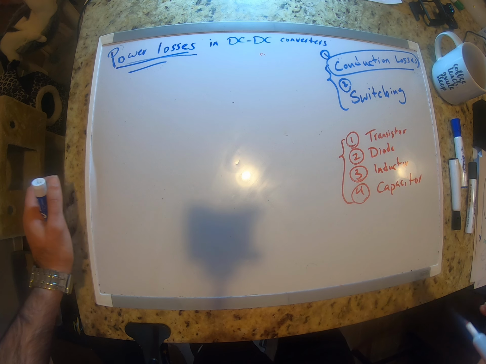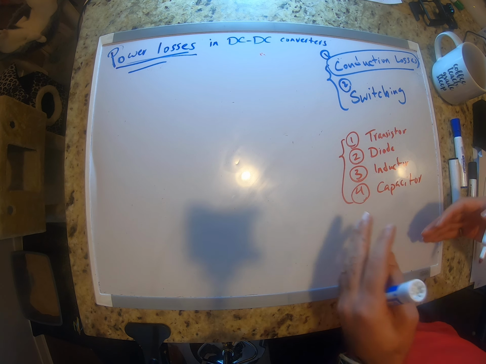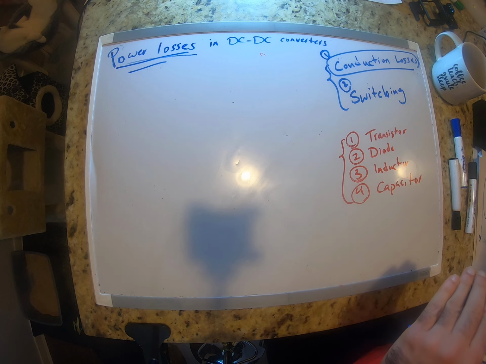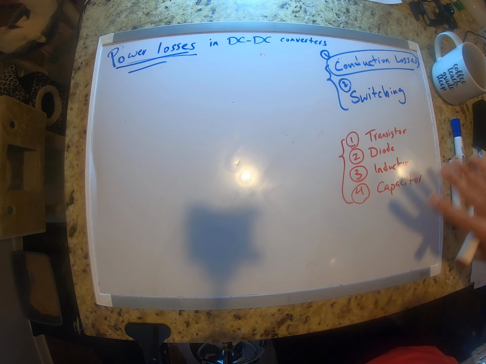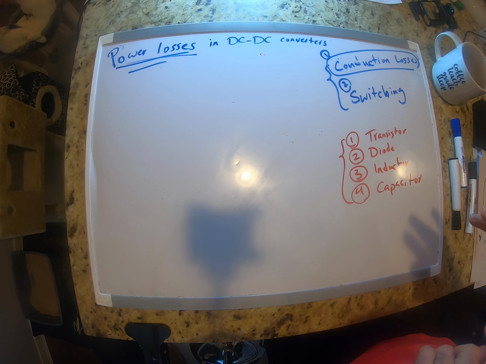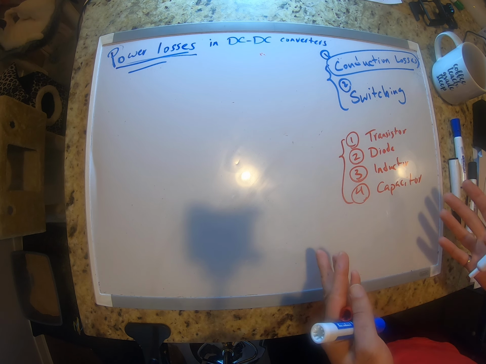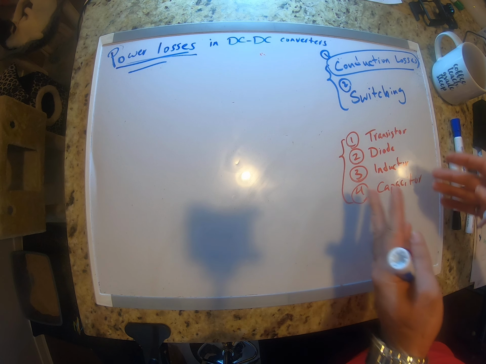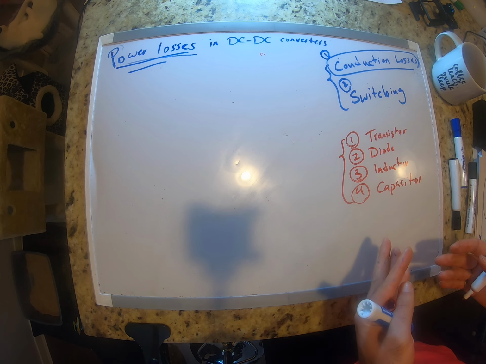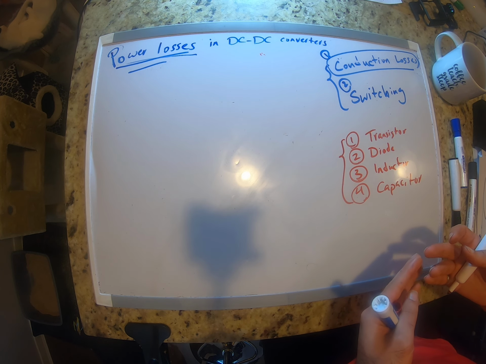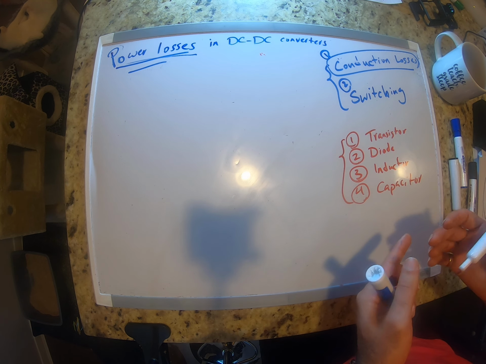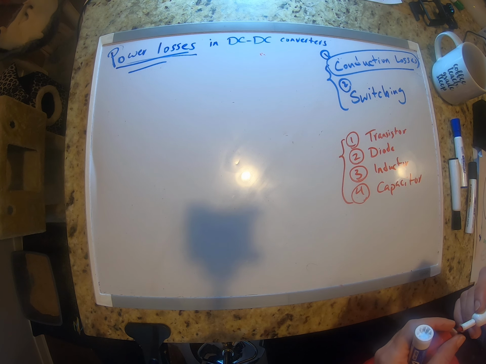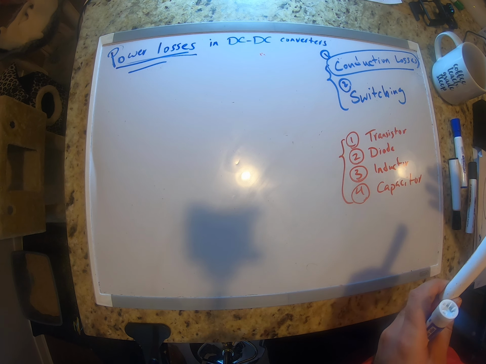In our analysis so far, we assumed that these are ideal devices, operating in ideal mode, with no internal resistance, nothing. In practice, all of these have some losses because of internal resistances, parasitic capacitance.